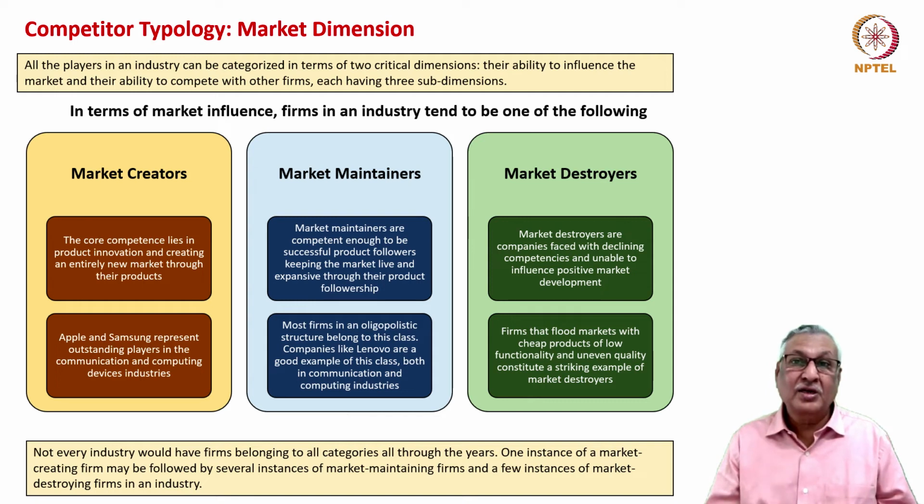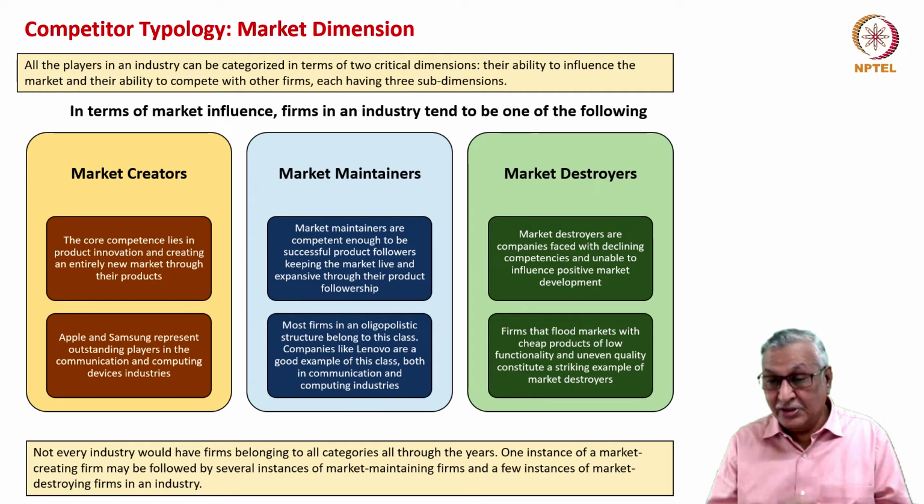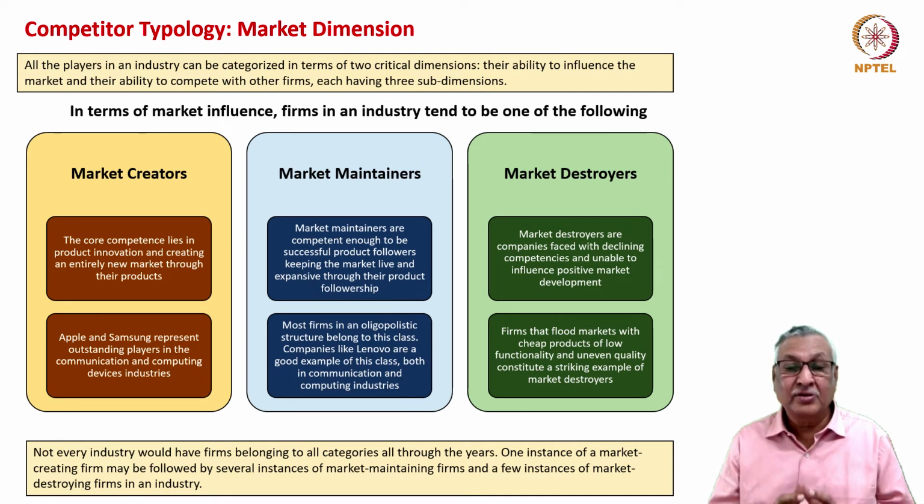One instance of a market creating firm may also be followed by several instances of market maintaining firms and a few instances of market destroying firms in an industry. But industries also have a responsibility collectively to limit the market destroying temptation. That's where industry associations and collections of the leaders, the wise companies in the industry, matter a lot.